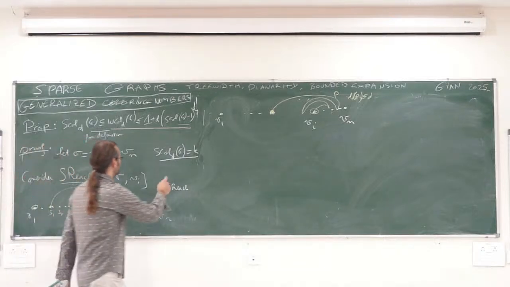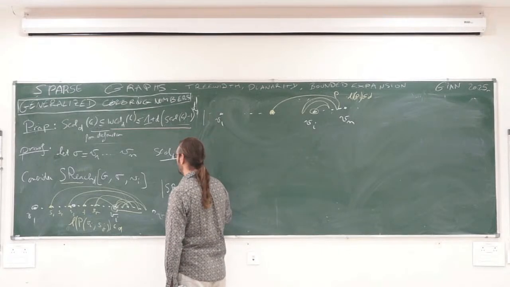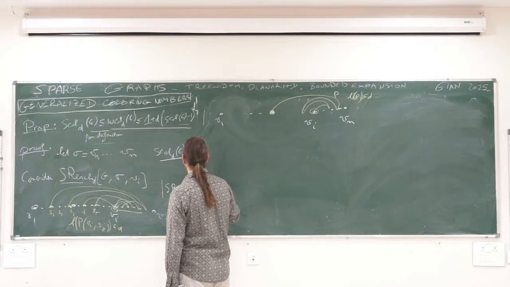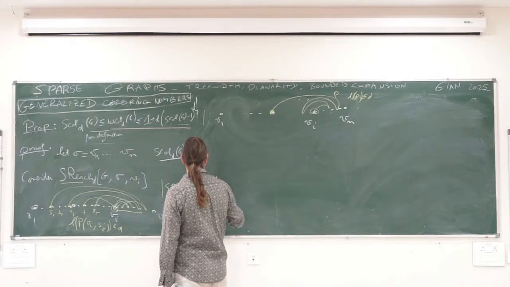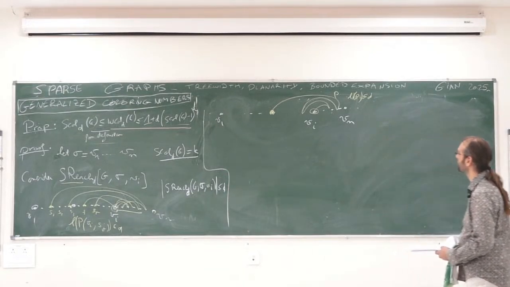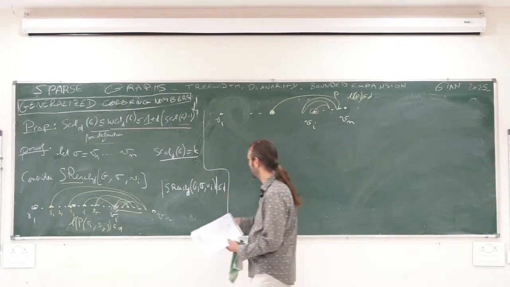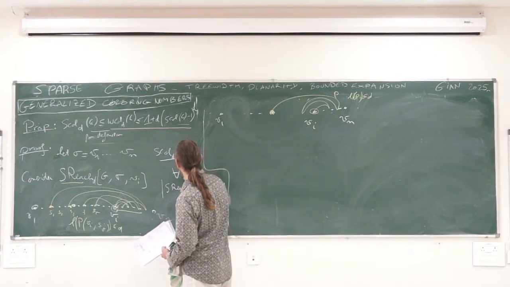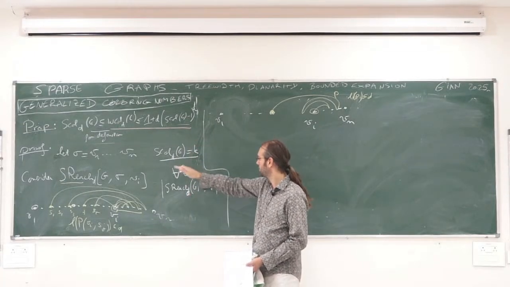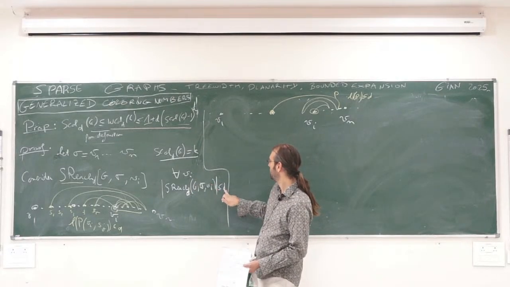And because the strong coloring number of G is k, and I'm taking that sigma which works well, I can assume that my reachability set has size at most k for every vi. Why? Because this k is the maximum. For sigma, I'm taking the maximum size of the reachability, so all the reachability sets have size at most k.